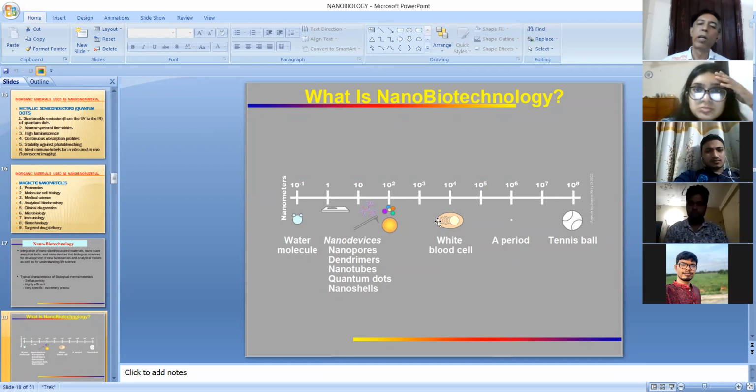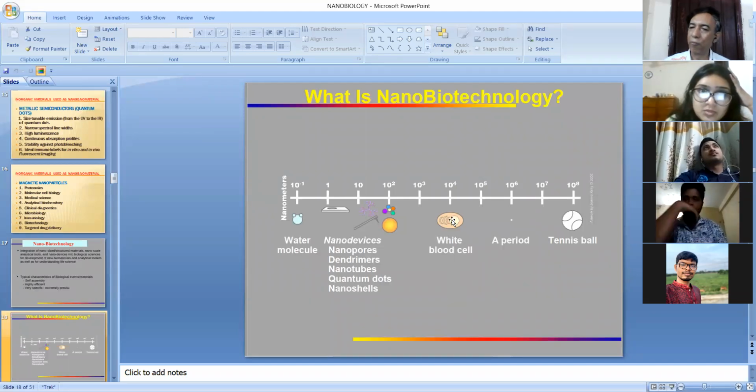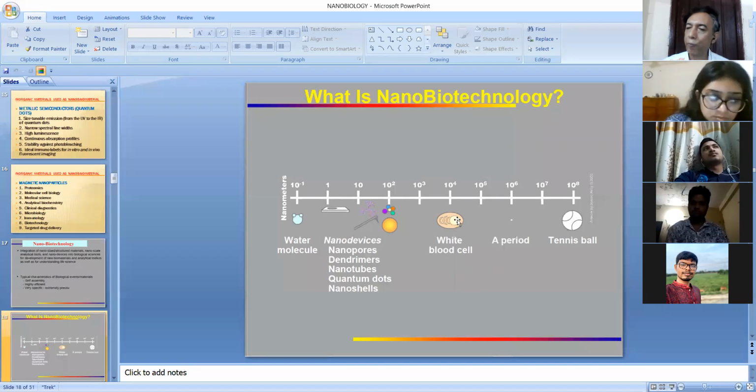Say, for example, you have a problem on the nucleus of the cell. This nano device enters into the cell, goes to the nucleus, and delivers the medicine on the nucleus only. This is highly specific. It can enter into the cell and deliver the medicine on the nucleus only, and all other things remain unaffected.